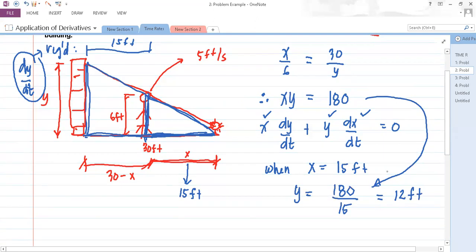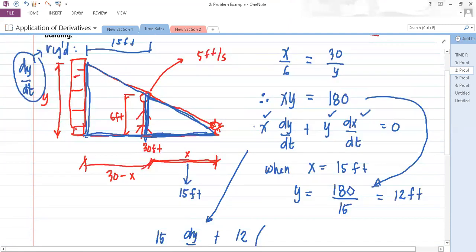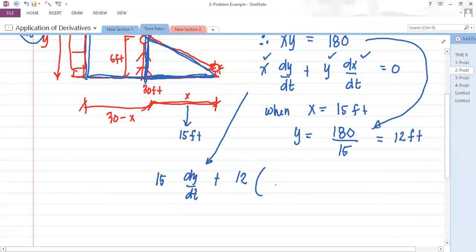So substituting now our values here in the equation, we have our x, 15. So 15 dy/dt, that is our required, plus our y, 12 feet, dx/dt is equal to 5 feet per second. That is equal to 0.